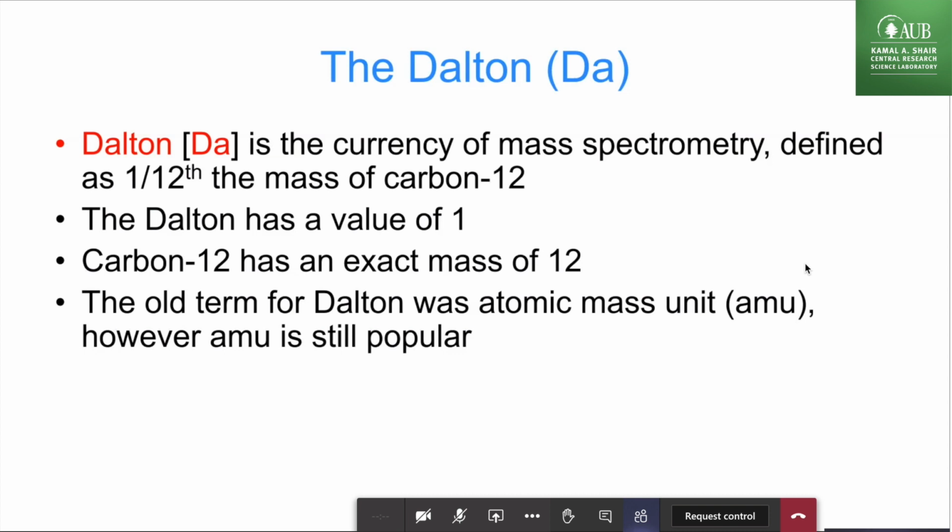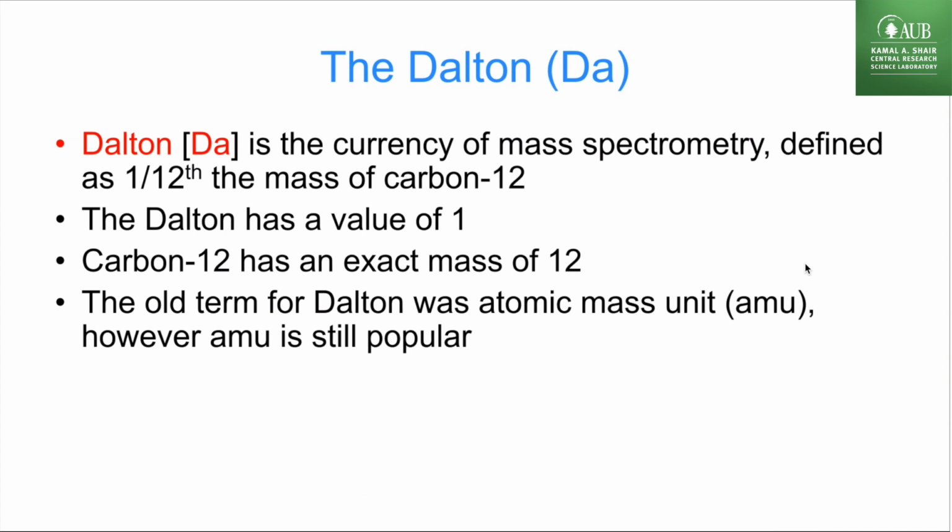And everybody knows that. And so they go back to that reference point, and that's why we can talk in kilograms. We know what that means because there's a reference. So we have the same thing in the mass spectrometer. It's called the Dalton. And the Dalton is defined as 1/12 the mass of carbon-12. So carbon-12 is the most abundant isotope of carbon on Earth.